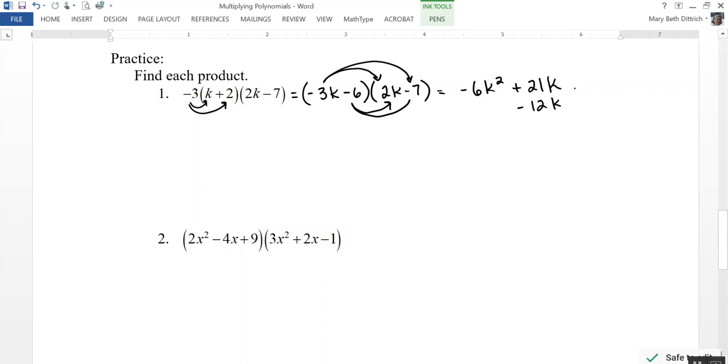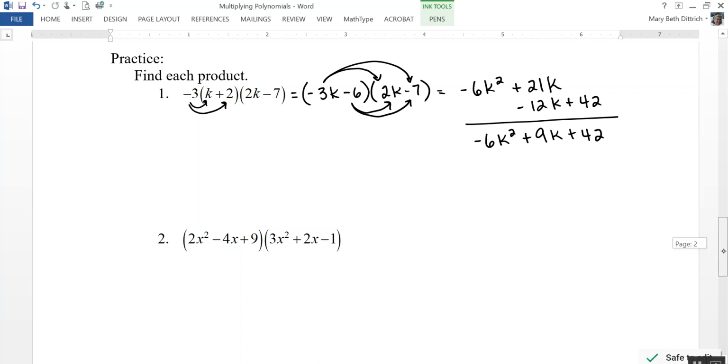Negative 6 times negative 7 is going to give me a positive 42. And now combining like terms, I'm going to get negative 6k squared, 21 minus 12 is a positive 9k, plus 42. And that's my final answer.